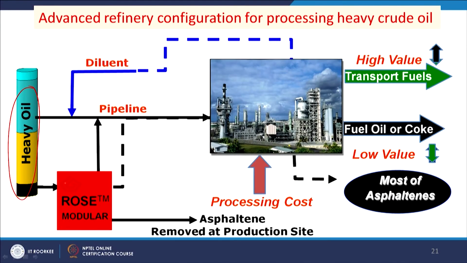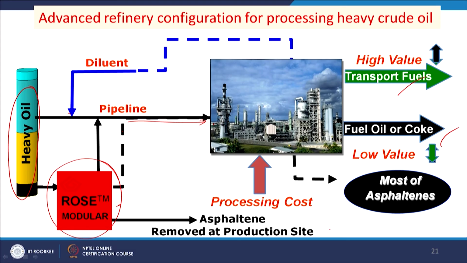So, for the heavy oil we have, oil head processing is added here, then it may or may not be added with diluent depending upon the quality produced in this step, and it is sent to the refinery, where refining operation is there as usual.